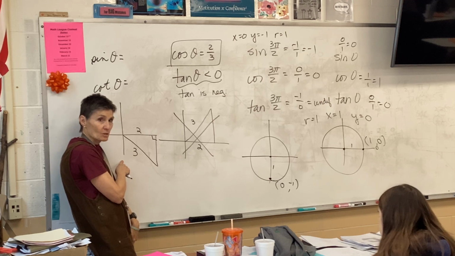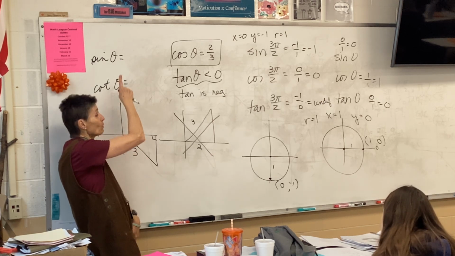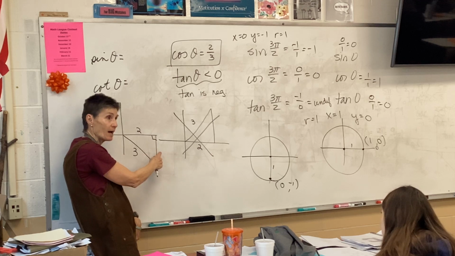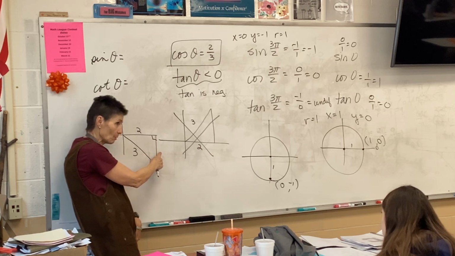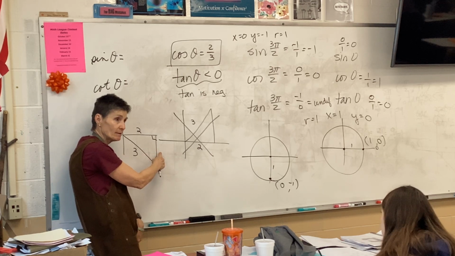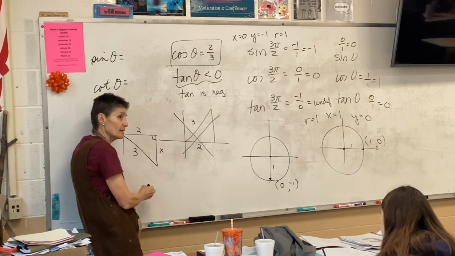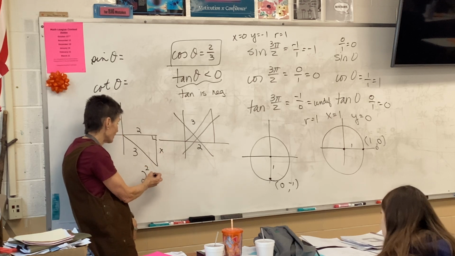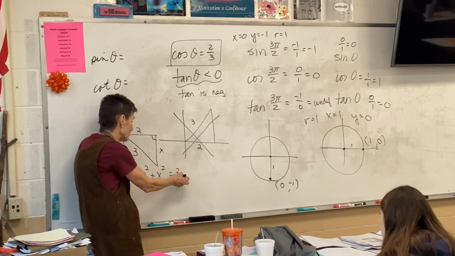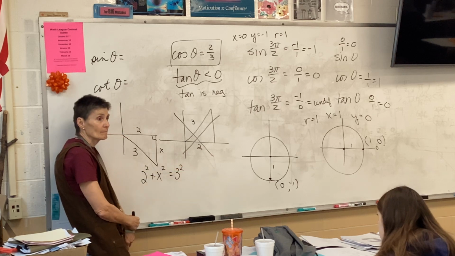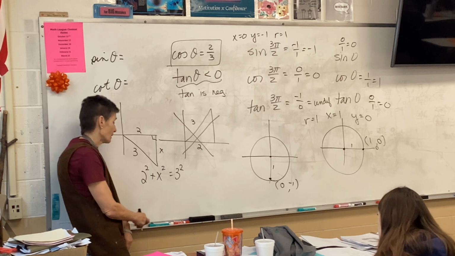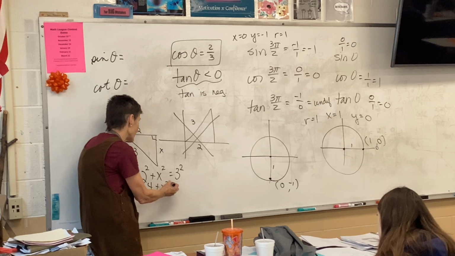Okay? So what do I need? In order to answer my questions, don't I need to find this side? And how do I do that? We know how to do that. I do the Pythagorean theorem. So 2 squared plus x squared equals 3 squared. So 4 plus x squared equals 9.